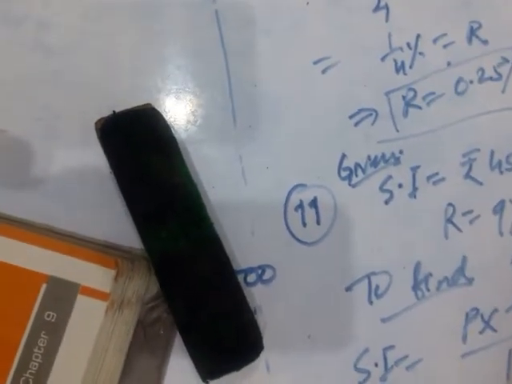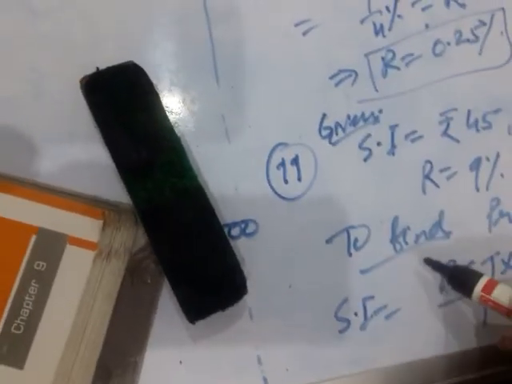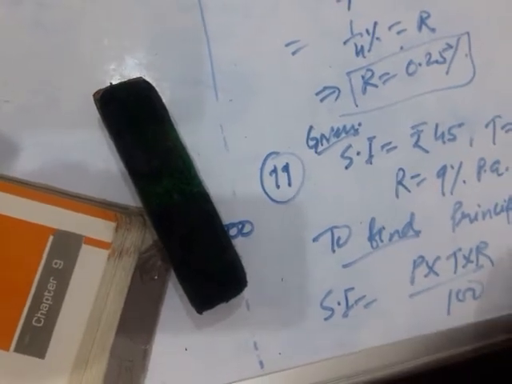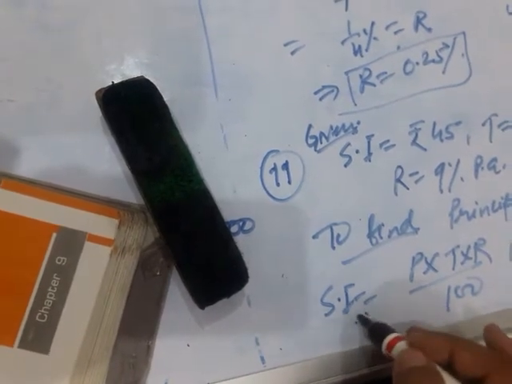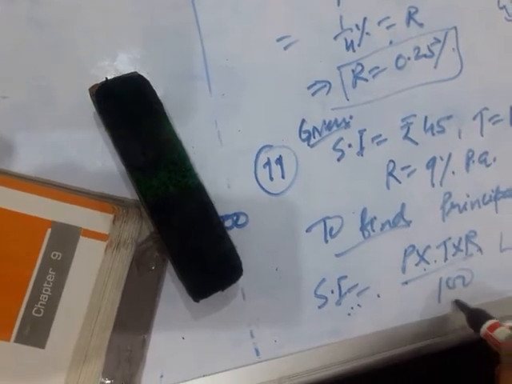How did we solve it? What was given? Simple interest equals rupees 45, time equals 1 year, rate equals 9% per annum. Clear? We have to find the principal, that was the sum. Question mark is given. See, this is the formula: simple interest equals principal into time into rate upon 100.